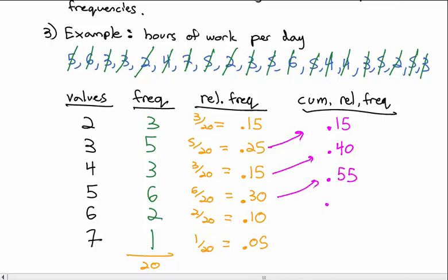Add 0.30, we get 0.85. Add 0.10, we get 0.95. And add 0.05, we get 1.00. We don't really need these lines in the middle. And so now we have our cumulative relative frequencies. We could say 85% work 5 hours or less. We can see this information quickly off of our table.